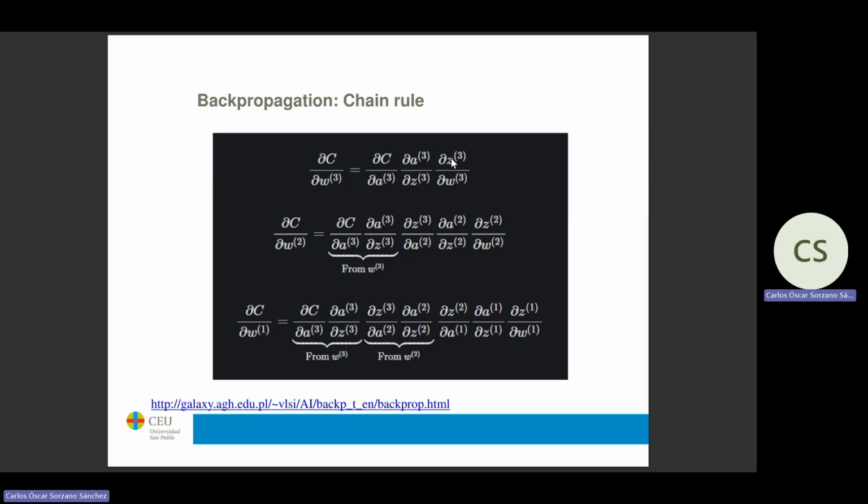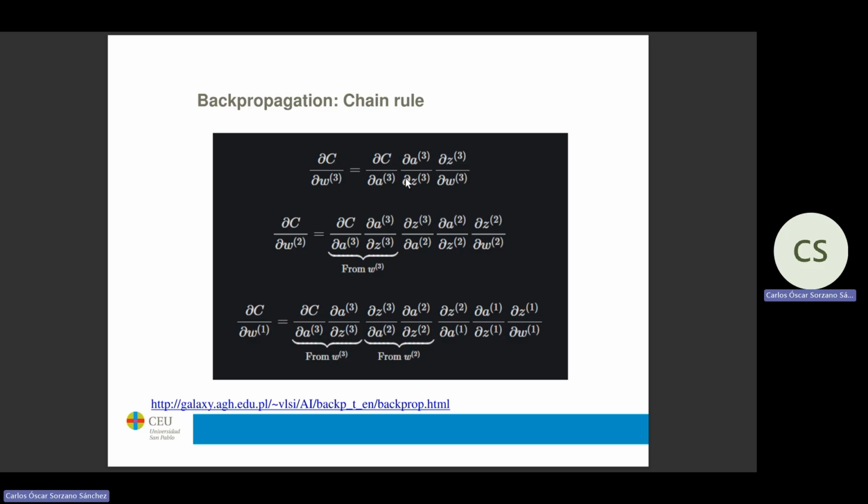So here we compute the derivative of the combination with respect to the weights, but here it is the combination with respect to the activation of the previous layer, and then activation of the second with respect to the combination of the second, and then combination of the second with respect to the weights of the second. And for the first one, these 2 terms are already these 2 terms that we have there, and then we have the same extraction as in every layer.